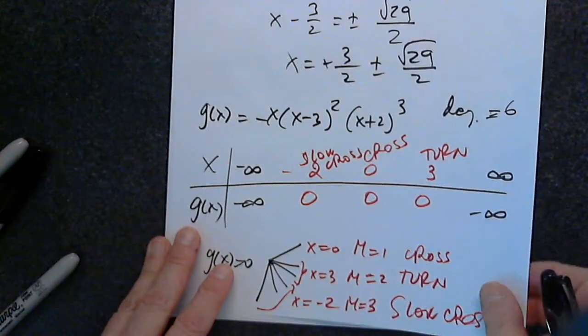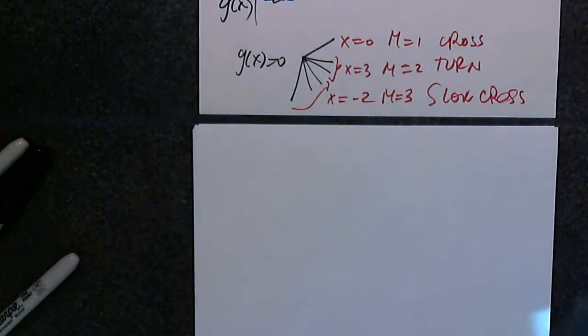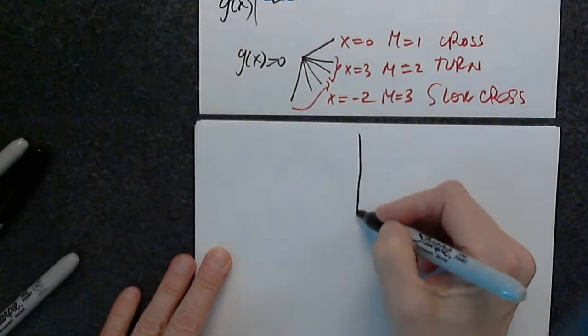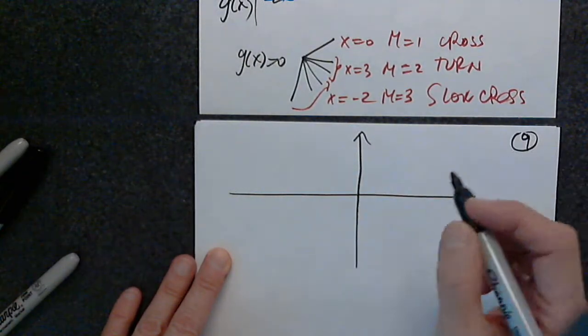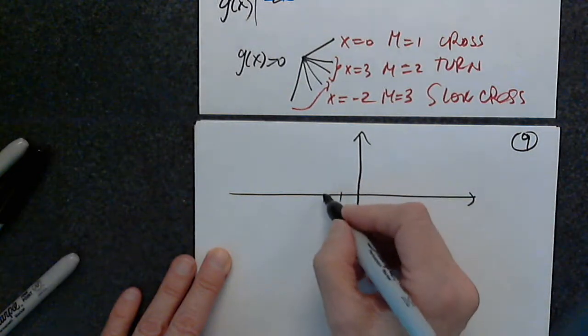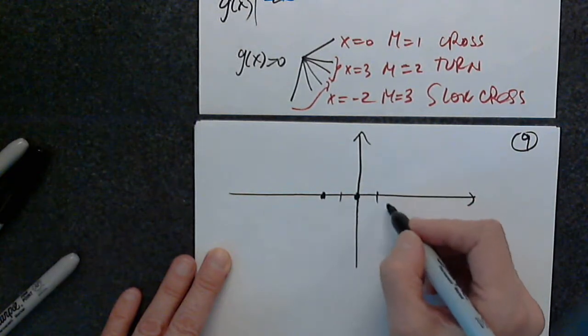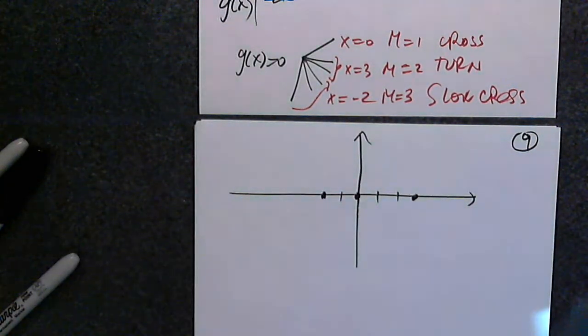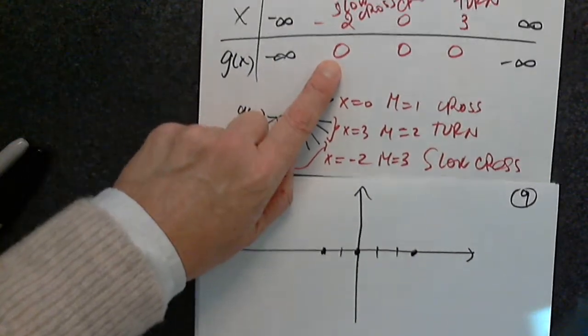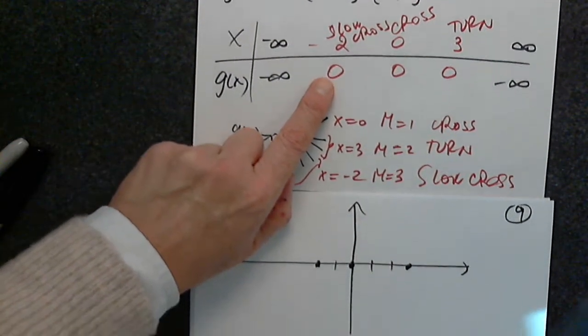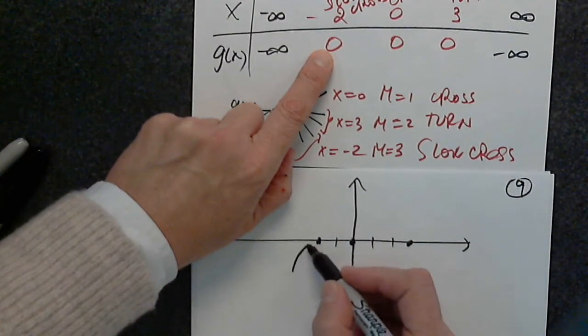Okay, perfect. So let's start by plotting the x-intercepts. We have 1 at negative 2, 1 at 0, and 1 at 3. It's coming from negative infinity, and it's crossing at negative 2, but slowly. Okay, fine.